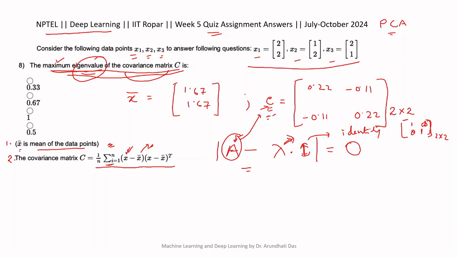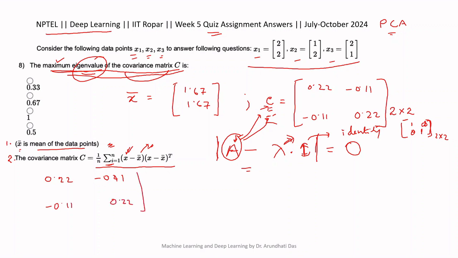What do I have to calculate first? I have to first calculate the determinant. This particular symbol is nothing but the determinant. This A, as I am going to replace it with the C matrix, is 0.22, minus 0.11, minus 0.11, then 0.22.